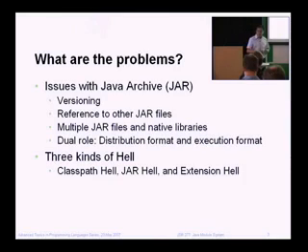Further, if we look at how the jar file format is being used in the JVM, it also serves two different roles. On one hand, the jar file is a distribution format. On the other hand, the jar file is also being used as an execution format in the JVM.